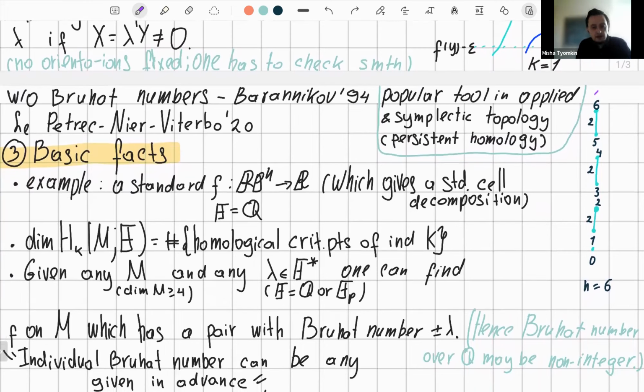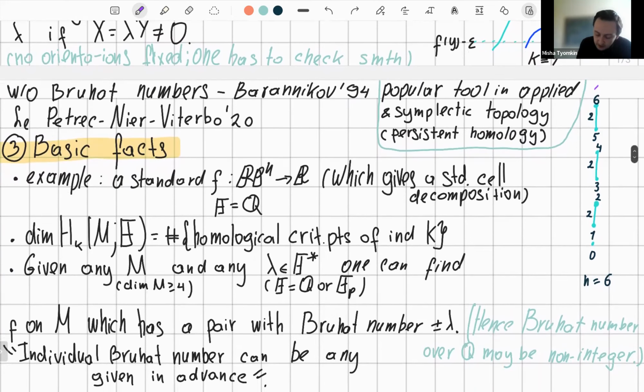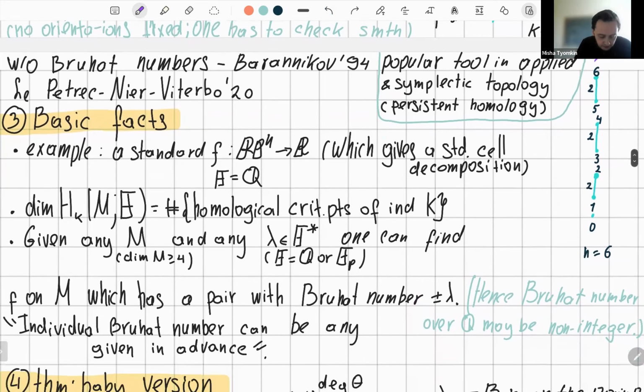You give me the manifold, the number, and the field, and I give you the function. So there's no control over the individual Bruhat number, and as a consequence, the Bruhat number over Q may well be non-integer, basically any rational number defined up to sign.